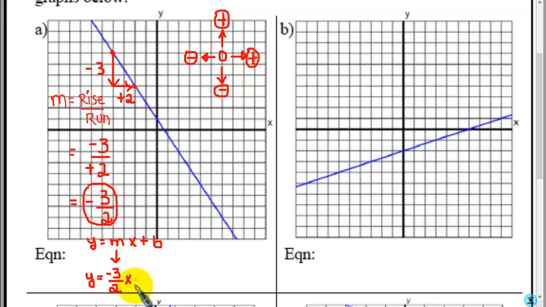Alright, and I always put the x. Now our job is to find the y-intercept. The y-intercept is where the graph, so this blue line right here, touches the y-axis. So if you notice, the blue line and the y-axis cross each other, and they cross right here. And we need to know what is the y value of that point right there. So if you notice, you start counting from the center, from the origin. So if you go up 1, that means your y-intercept is going to be positive 1.